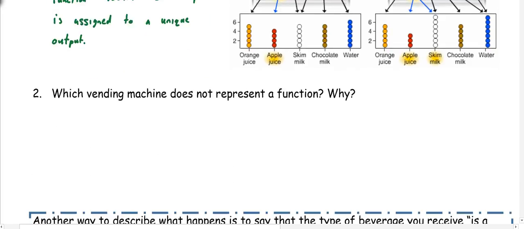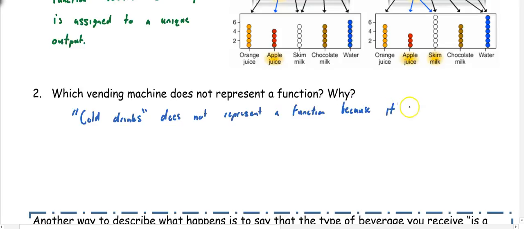Then which one does not represent a function? We would say that would be the cold drinks machine, because input B, that button, has two different outcomes or outputs.